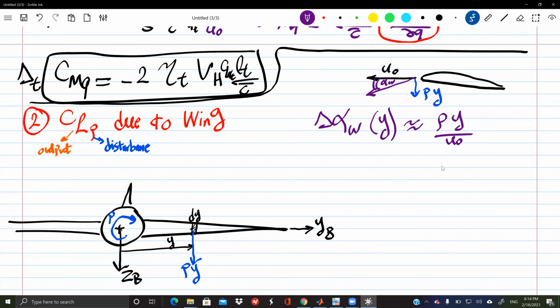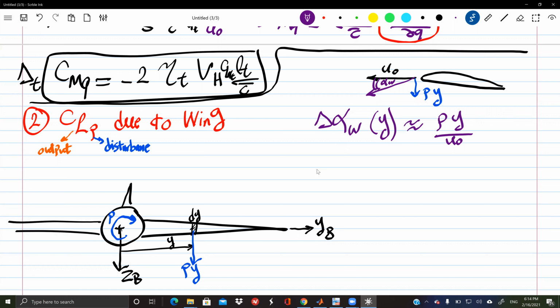It's tan inverse, but we just ignore the tan inverse. So it's typically the disturbance over the forward speed. Any question about this so far? That when the airplane rolls, the right wing moves down. And when the right wing moves down, it's as if the air is pushing from below, so increasing the angle of attack by this much. Any question about that?